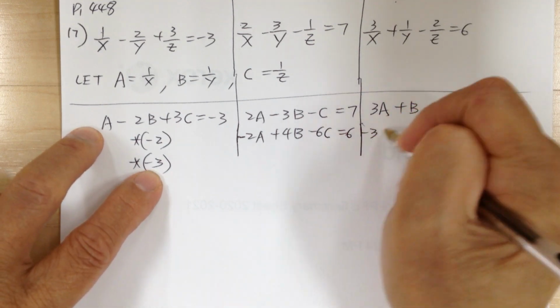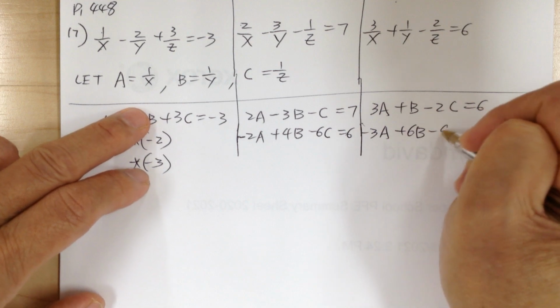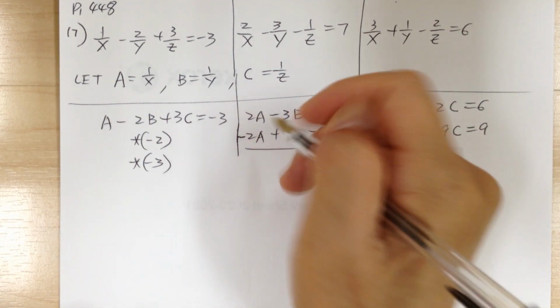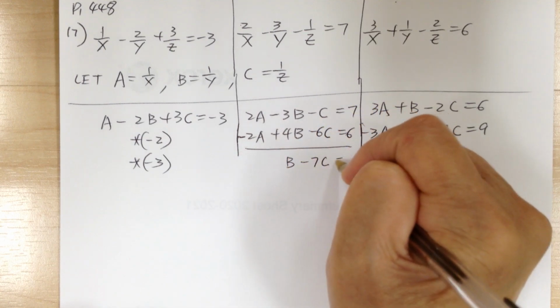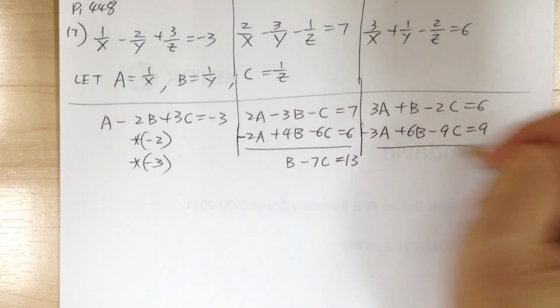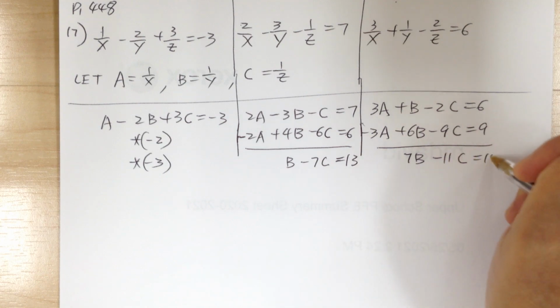So I get minus 3a plus 6b minus 9c equal to 9. Now I can eliminate the a. So I'm going to get b minus 7c equal to 13, and for this one, I'm going to get 7b minus 11c equal to 15.